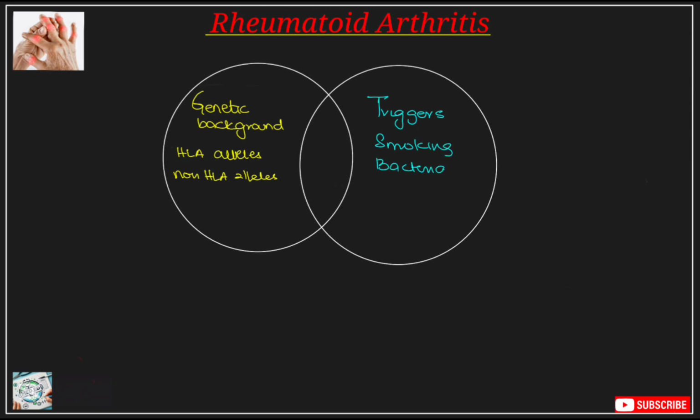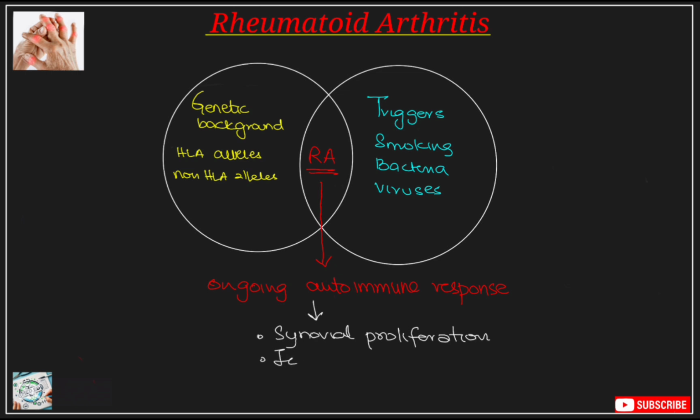Potential triggers include smoking, bacterial and viral antigens, and some other unidentified factors. When these triggers interact with a genetically susceptible individual, they can initiate an abnormal autoimmune response. This ongoing immune activation leads to synovial proliferation, pannus formation, and ultimately joint destruction, which defines the clinical course of RA.